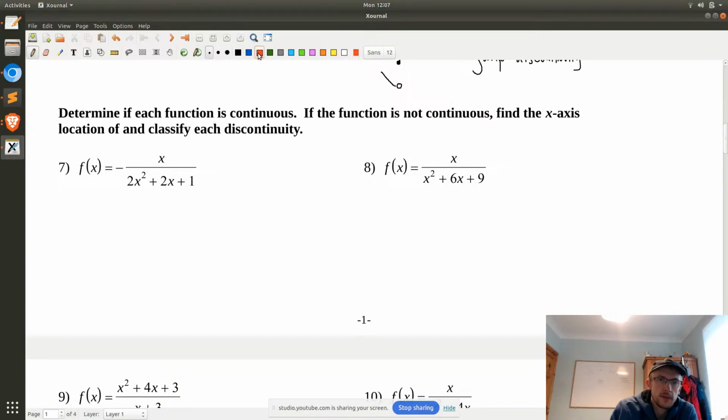So to test if it has any zeros at all, we can use the discriminant, which is b squared minus 4ac. So in this case, b equals 2, a equals 2, and c equals 1.